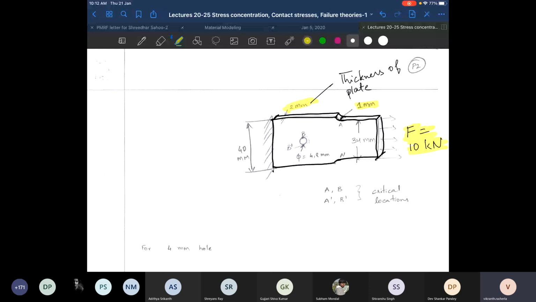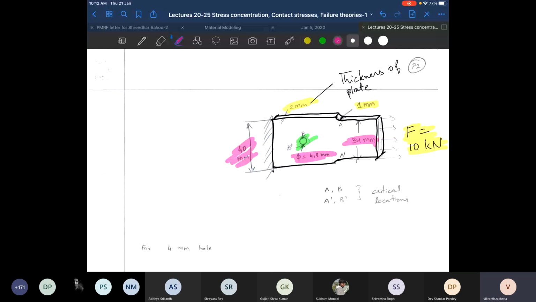I have a circular hole, and I'm looking at two instances: one where the circular hole is 4 mm and another where the circular hole is 8 mm in diameter. The plate width at the higher thickness end is 40 millimeters and the plate width at the lower width side is 34 mm. So this is the problem statement.